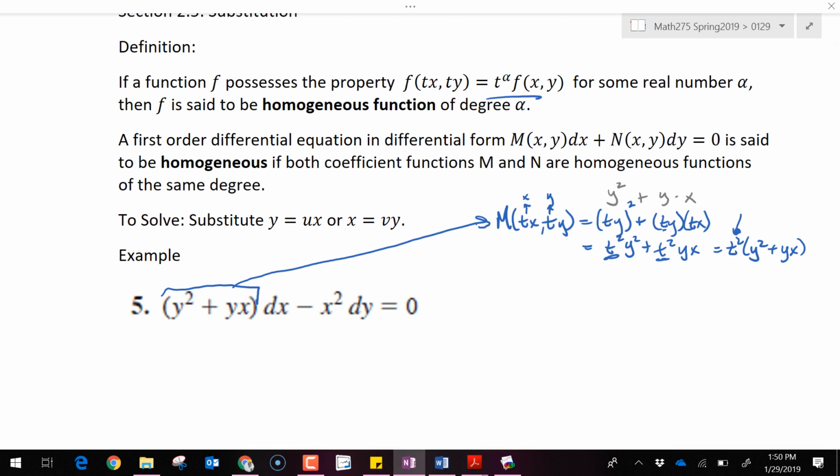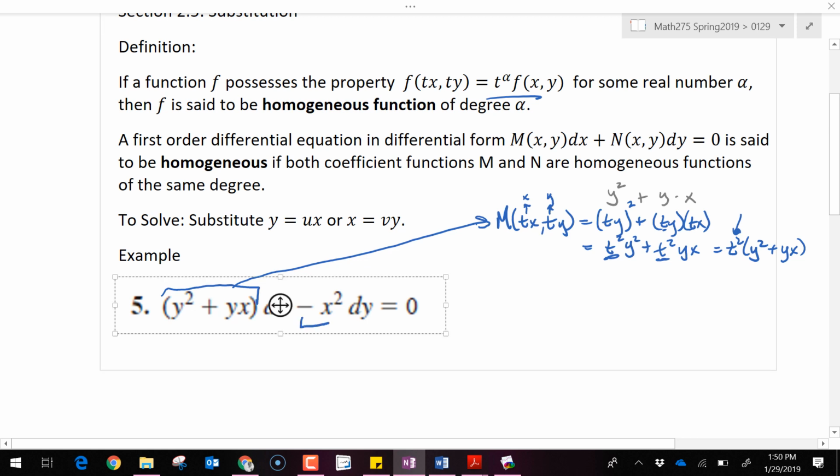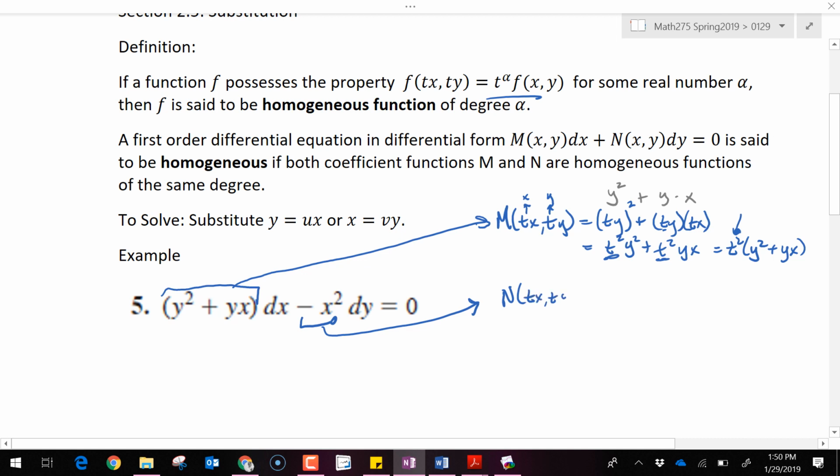Now, if I do that for the second one, and I'm going to get t to the second power again, then I can say they're homogeneous of the same order, and then I can move on with that substitution. So let's check that. And that happens to be fairly easy, because it's just a negative x squared. So in for x, I'm going to replace it with a tx. And that's going to give me a negative t squared x squared.